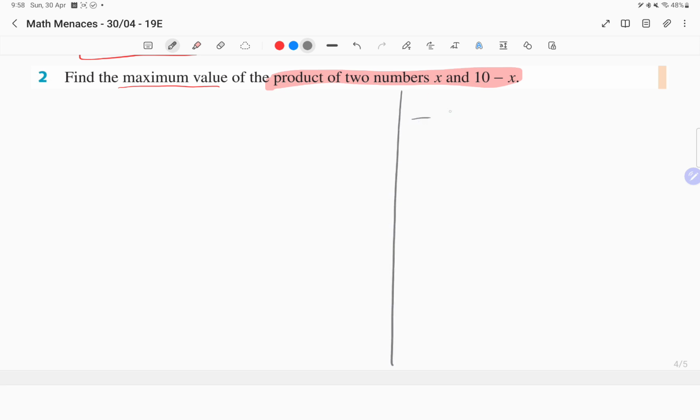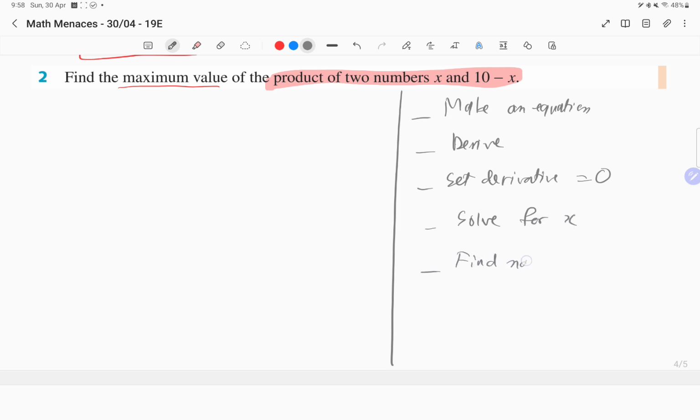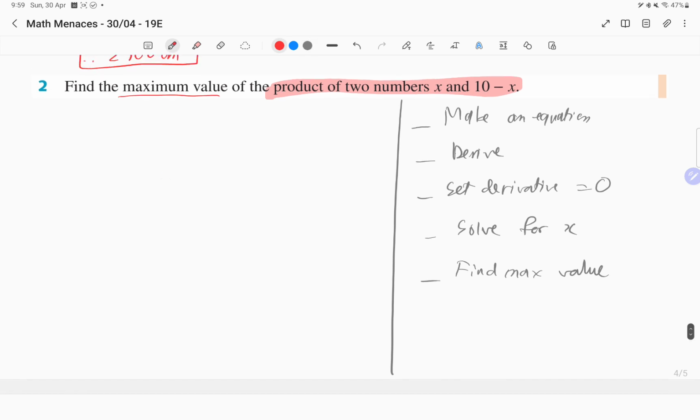So the strategy: make an equation, then derive, then set the derivative equal to 0, and then solve for x, and then you can find the maximum value. Okay, I'm going to work through this now.